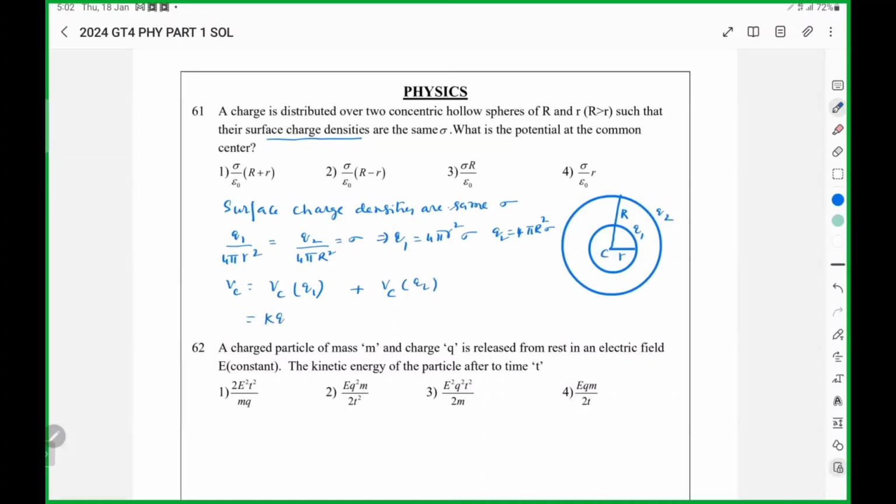Potential is KQ1 by r plus KQ2 by R. So K into Q1 is 4 pi r square sigma by r plus 4 pi capital R square sigma by capital R. Here it is 1 by 4 pi epsilon naught, 4 pi sigma; if you take common, it is sigma by epsilon naught into (r plus R).